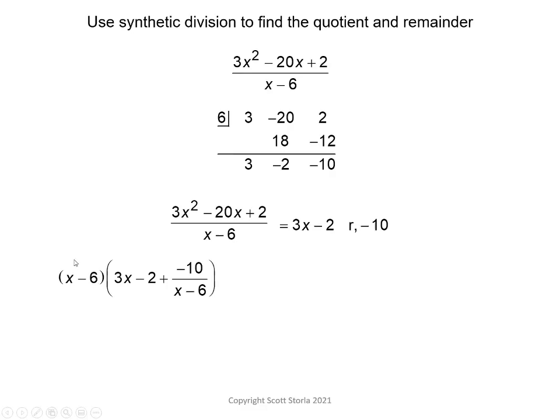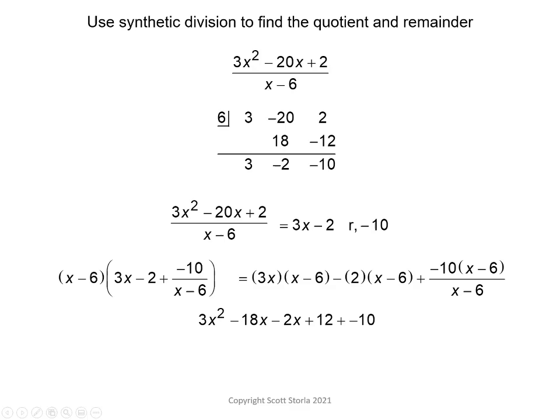And then if we multiplied x minus 6 to 3x and x minus 6 to 2 and x minus 6 to this third term, and then distributed, and please notice the x minus 6's reduce, leaving just a negative 10, and then collected like terms, sure enough, we get the dividend. So I wanted to go through this one time with you just to show you that the idea still works, but from now on I'm not going to be checking in the videos because, as you can see, it takes a good bit of time.